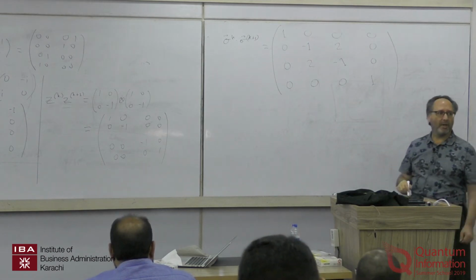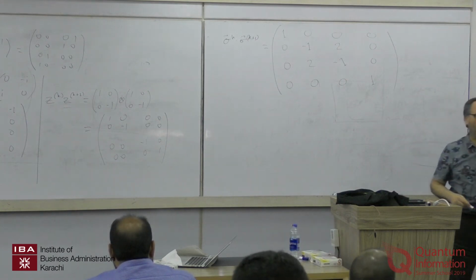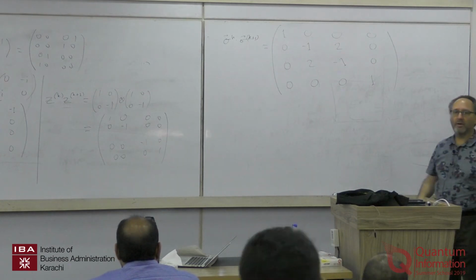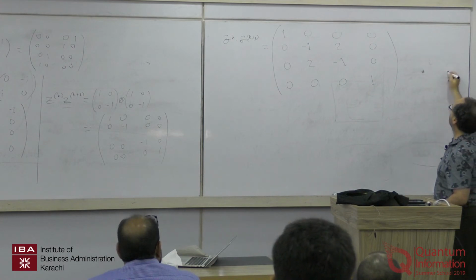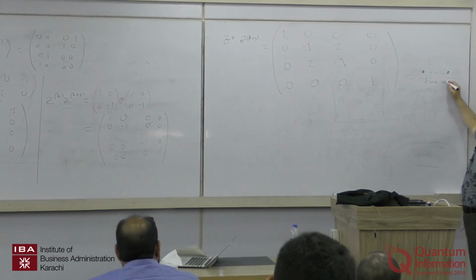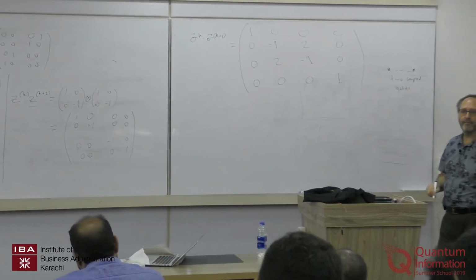Okay, and that's the one I had in my slide, if you have the slides. Yesterday I just put it up there as the answer, but now you're able to derive it. So this represents the case of 2 coupled qubits.